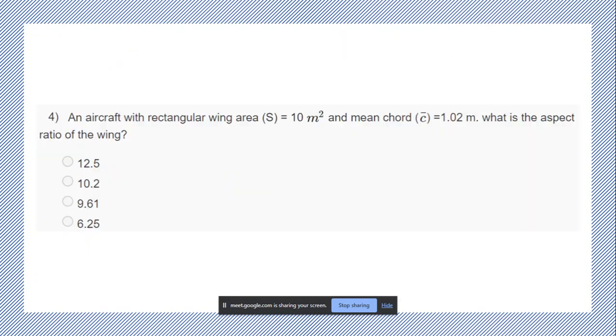An aircraft with a rectangular wing of area S 10 meter square and mean chord C 1.02 meter. What is the aspect ratio of the wing? What was the formula for aspect ratio? How about doing this?